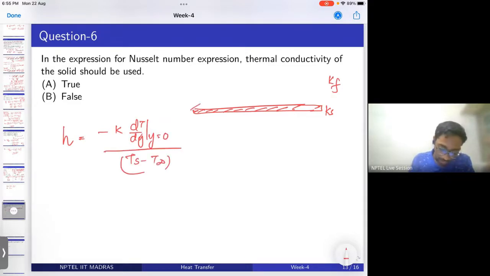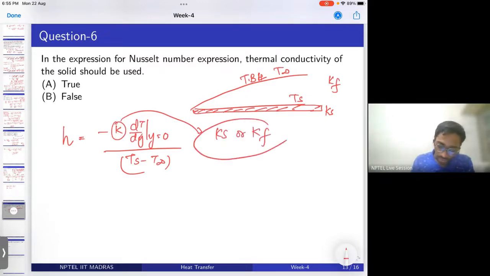We have a velocity boundary layer and a thermal boundary layer, with Ts and T infinity. I'm asking whether this k is k of solid or k of fluid. Which k should be used?